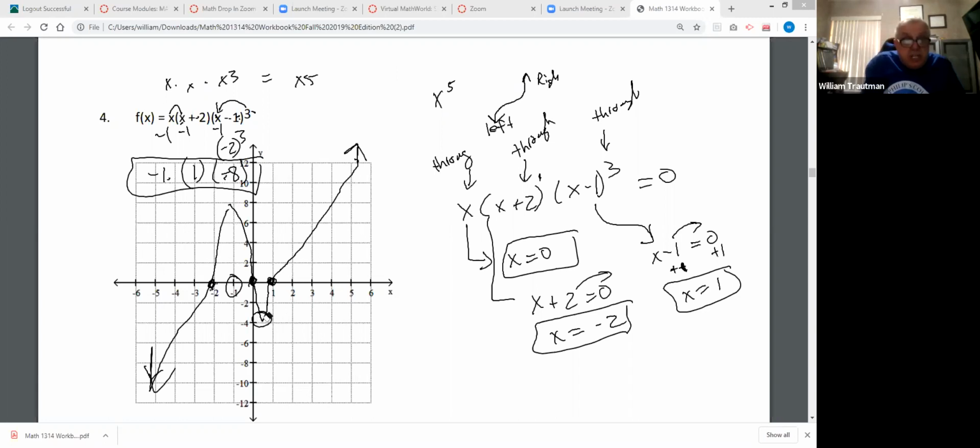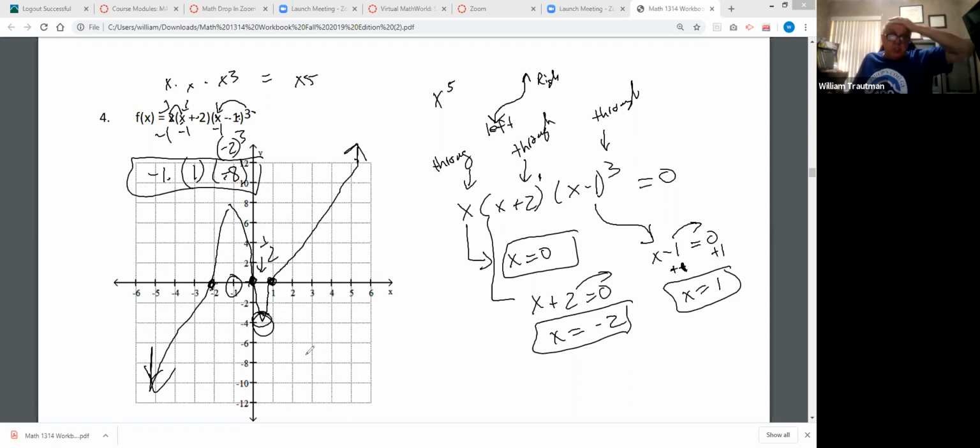And then you would do the same thing for this one. I'm not going to actually do it for this one, but you'd plug in the value halfway between these two intercepts, which is positive 1/2. You'd plug in 1/2 to each of these and find the answer, and that would tell you how low it goes. That's it.